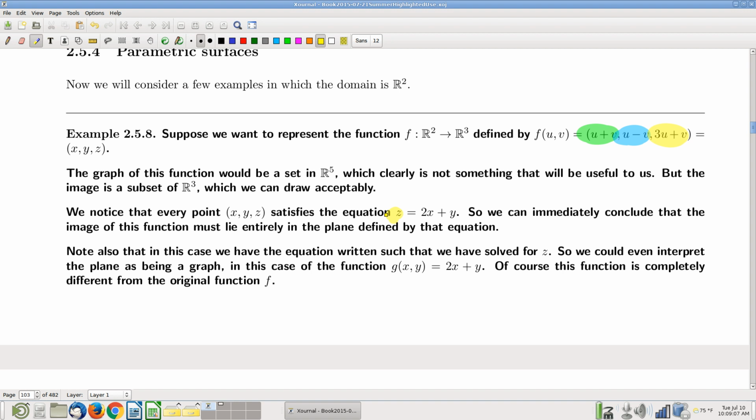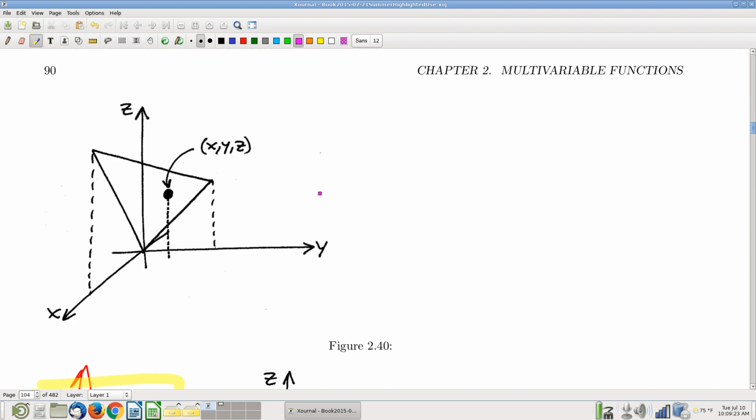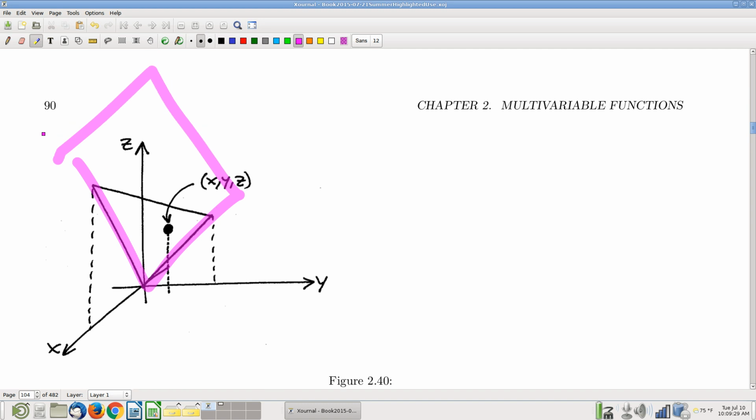Not hard to persuade yourself that z is 2x plus y. That's just algebra. And of course, z equals 2x plus y is the equation of a plane. Right, so this function here is a parameterization of a plane that, kind of hard to draw that plane, but it's a plane that goes through the origin and it's kind of angled, kind of up, coming toward us out of the page.